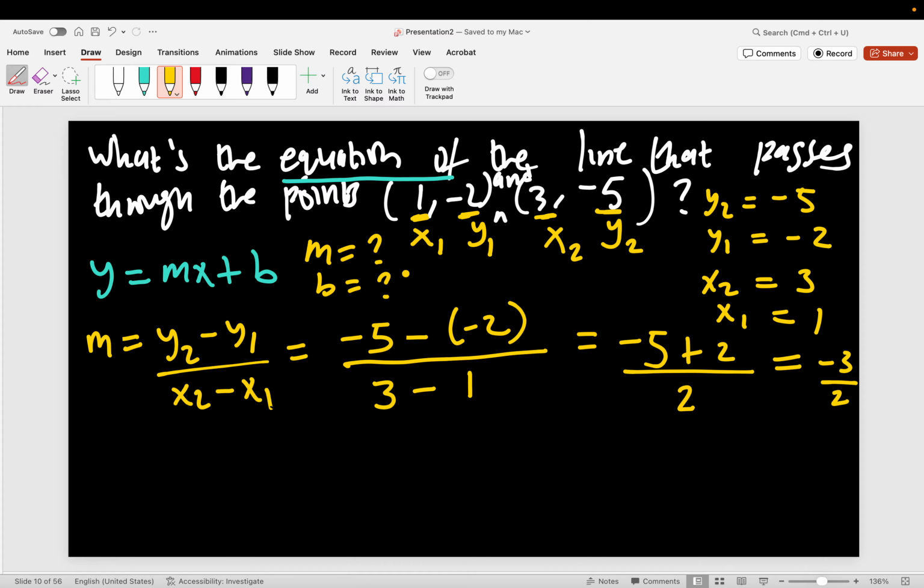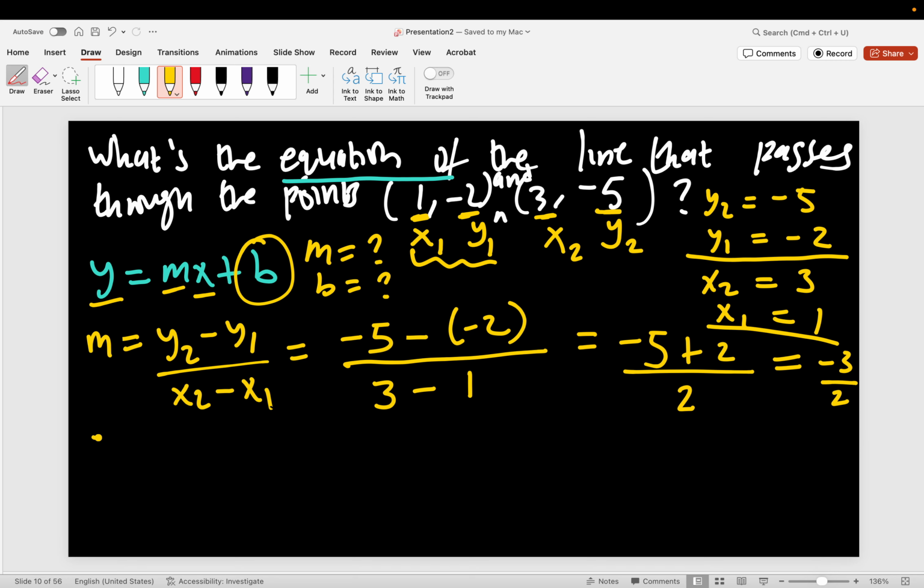So now we have m, and we remember how to find b because we did it in the previous videos when we're solving for b. All we need to do is just plug in y, plug in m, plug in x, and then we can find b. Since we have two sets of x and y, I can just choose one set. I'm going to go ahead and choose this pair. So y equals this, and x equals this.